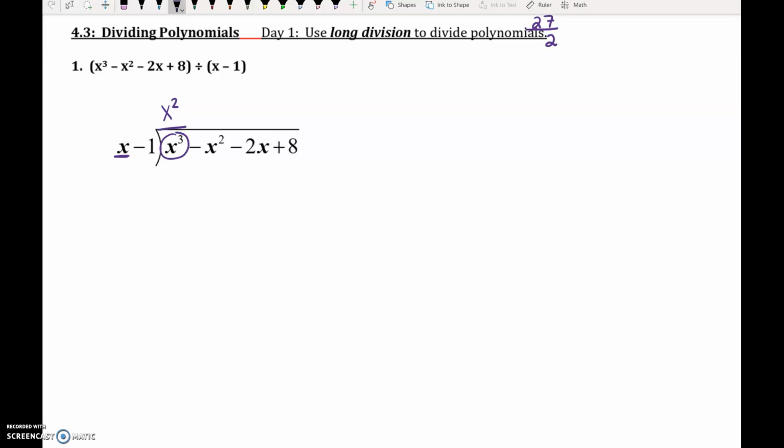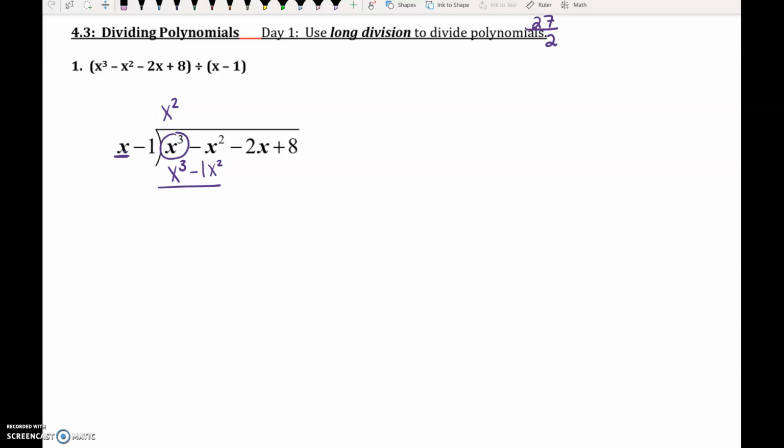And then just like we did with our long division of numbers, we multiplied. x squared times x is x to the 3rd. We also need to do the x squared times this -1. It's kind of going to tag along, and we just have to distribute x squared times -1. That's -1x squared.